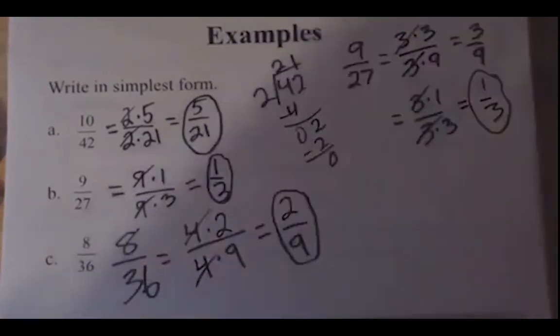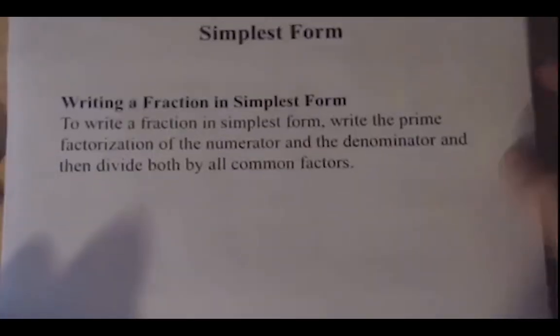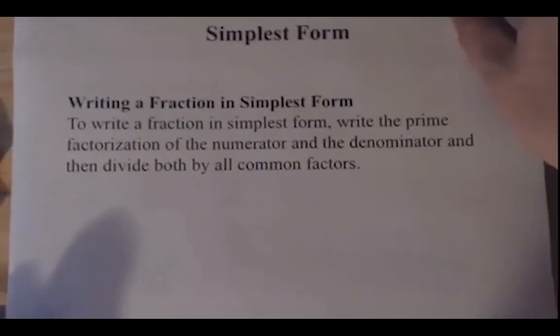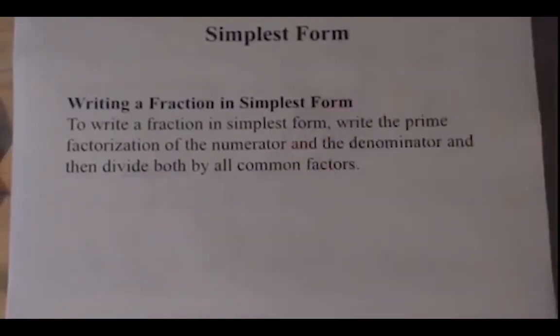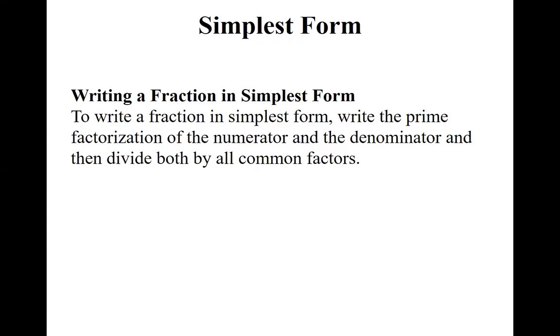This next method guarantees that we will get to simplest form without having to realize anything. For larger numbers that we might not be comfortable finding a number that multiplies into both of them, we can always use the prime factorizations and divide by the common factors.